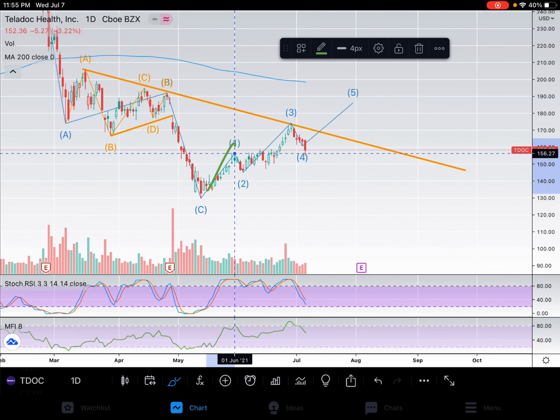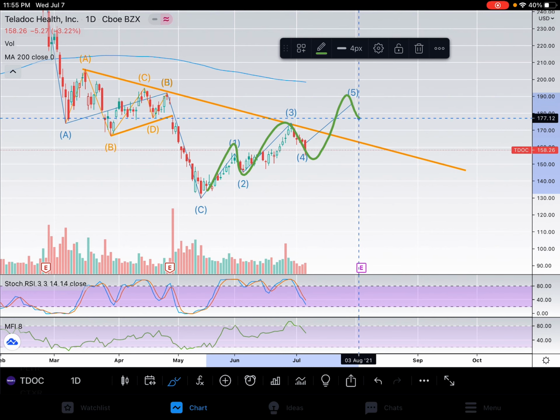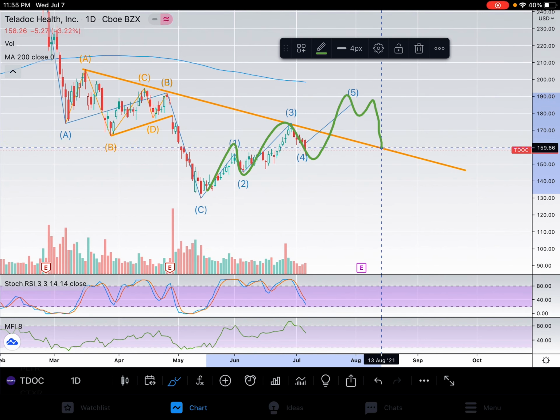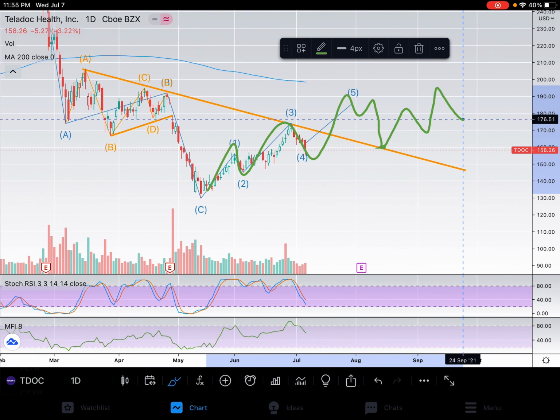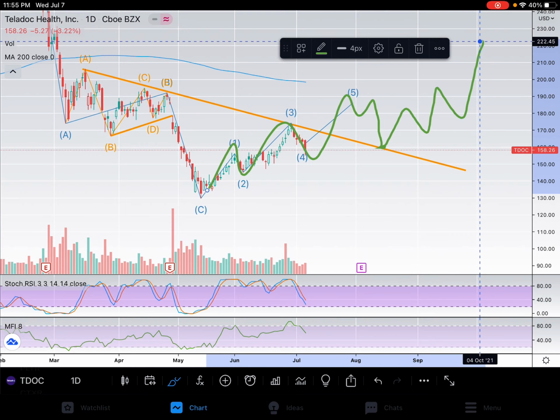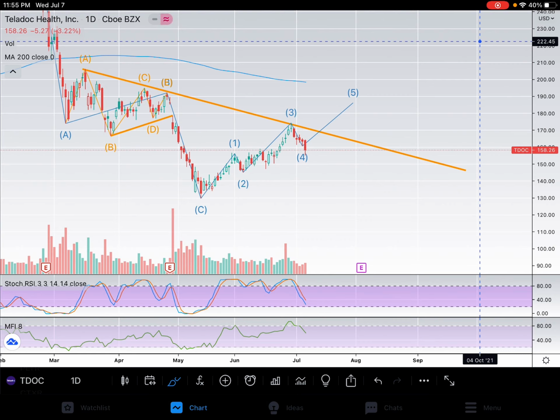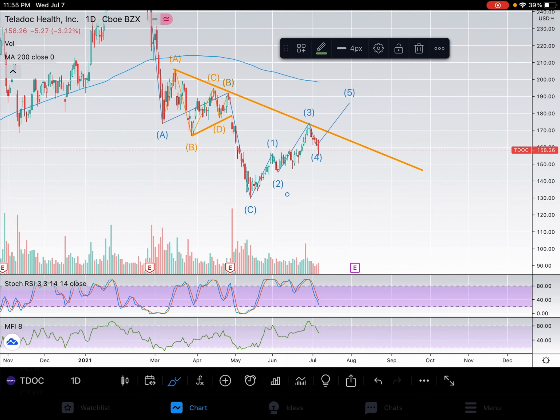We got that 1, 2, 3, 4, 5, and then we could have a little retest of this breakout, and then if there's buyers here, we could start another 1, 2, 3, 4, 5 up higher, and maybe test that 200-day line. So yeah, just gotta be careful when I'm doing Tdoc right now, because it's iffy. But that's my analysis on that.